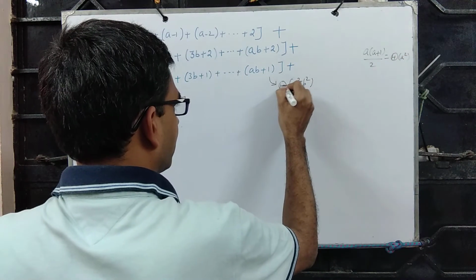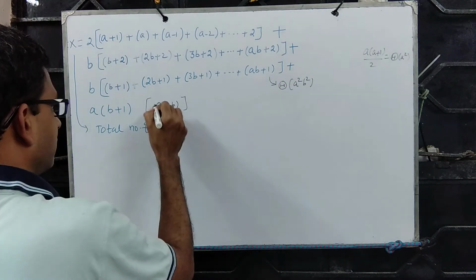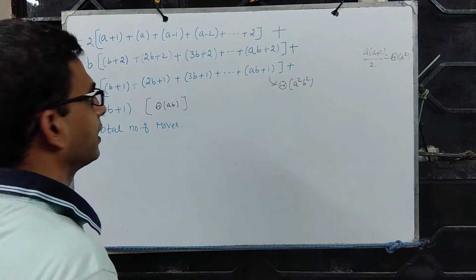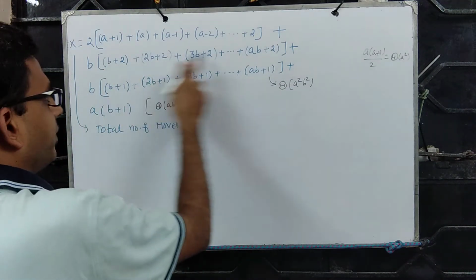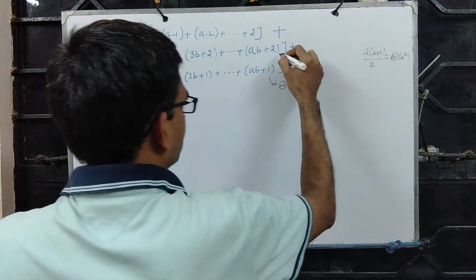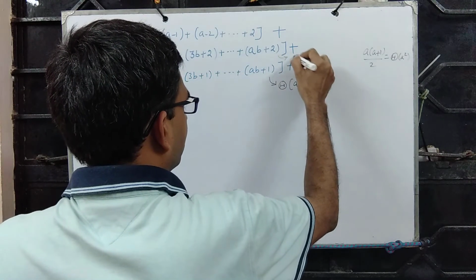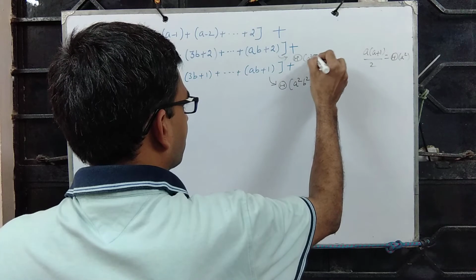So I can also write theta of A square, this is theta of AB. Similarly, you take B out, again this, so you get theta of A square B square.